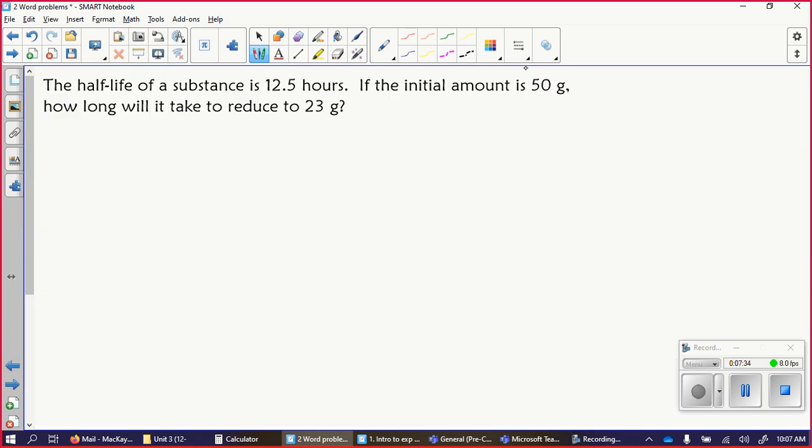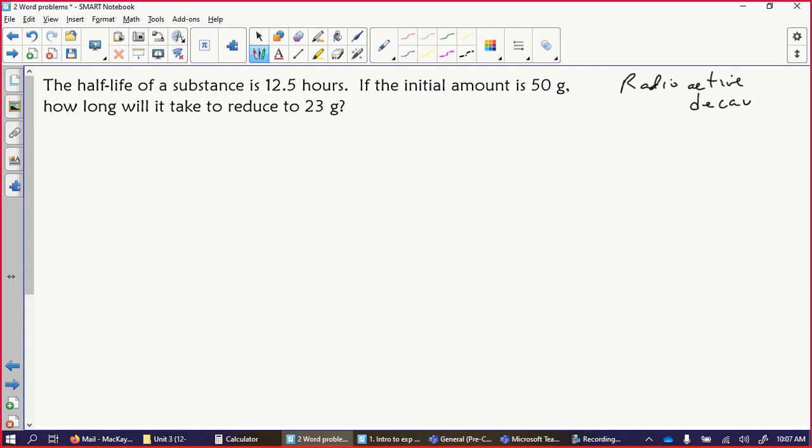So that's the basic type of thing. We can use this to model. This would be radioactive decay.